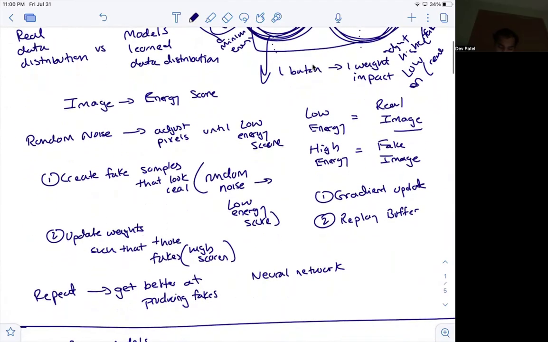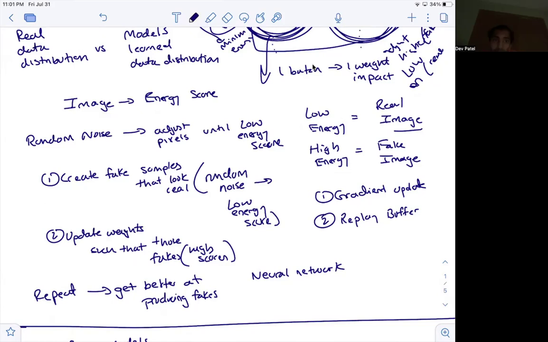So this is sort of an adversarial approach, where we create these fake examples that look real, and we update the weights such that those fakes have high scores. When we're creating these fakes, going from random noise to an image that looks real, we're trying to get to a low energy score. But when we're updating the weights during training, we want to ensure that the fakes the model has created now actually have high scores.